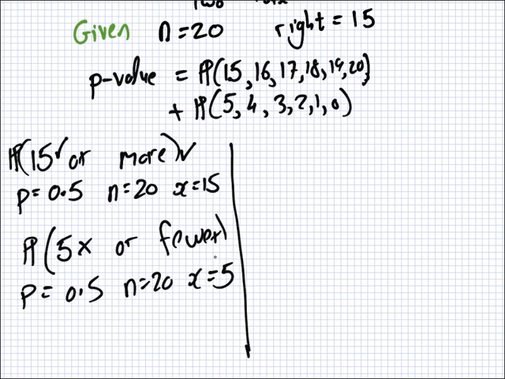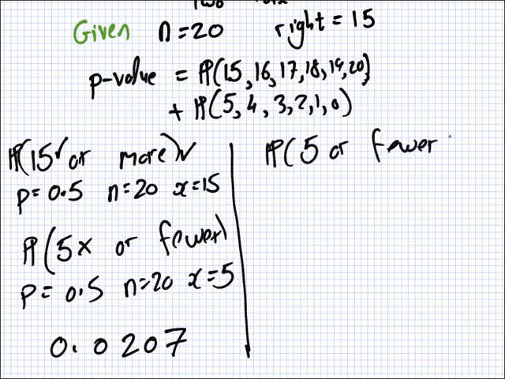I know, this topic is very difficult every year because it's very conceptual. Lots of concepts. Do we have a number here? 0.0207. Okay, now let's look at the other possibilities. This one is the probability of 5 or fewer successes, right? That's p equals 0.5, n equals 20, and x equals 5.